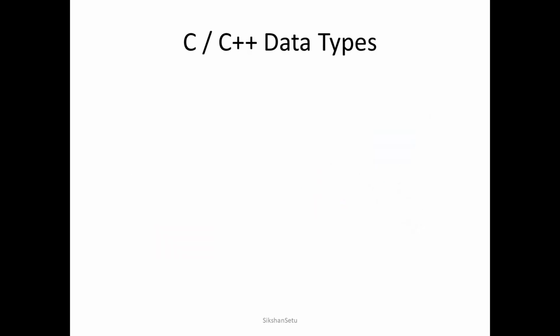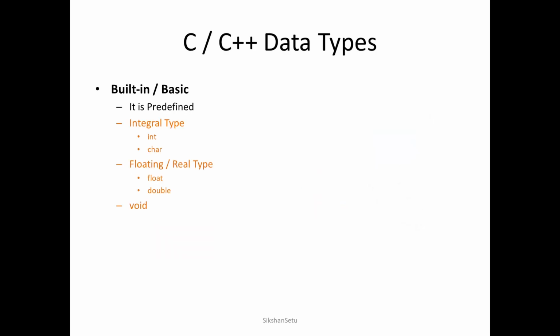Now in C and C++ different types of data types are available. First is the built-in type, or we can say basic fundamental data types. It is predefined, basically integral type, in which integer and character are there. In floating point or real type we have float and double, and then void.